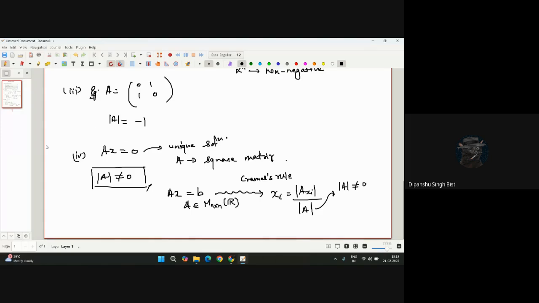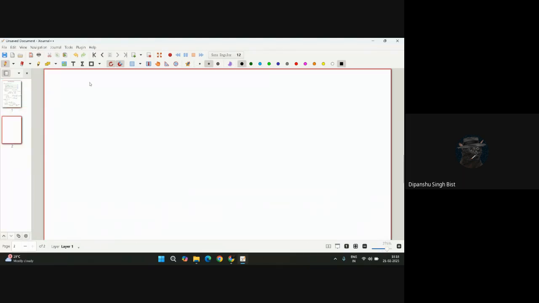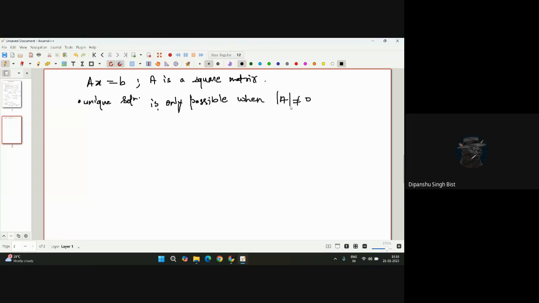Okay, so the last option is: if you are given Ax equal to B as the system, and A is a square matrix, then you can remember it as: a unique solution is only possible when the determinant of A is not equal to 0.